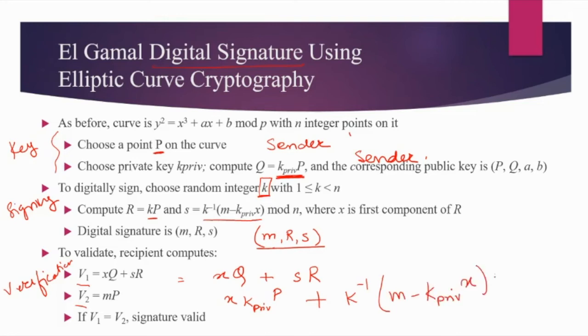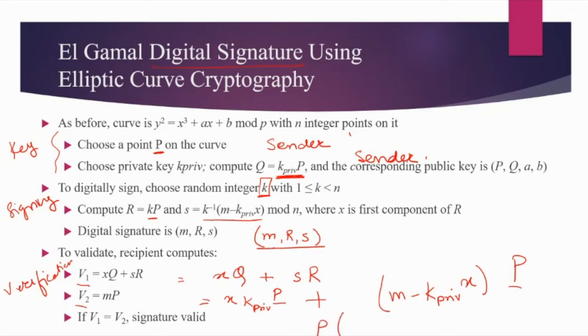X times R. Okay. Now, if I replace R, R is nothing but K times P. Now, this K and K inverse will be cancelled. So, this is 1 by K, K and K cancel. So, let me remove this. We are left with this. Now, if we have to solve this equation, we can take P common.